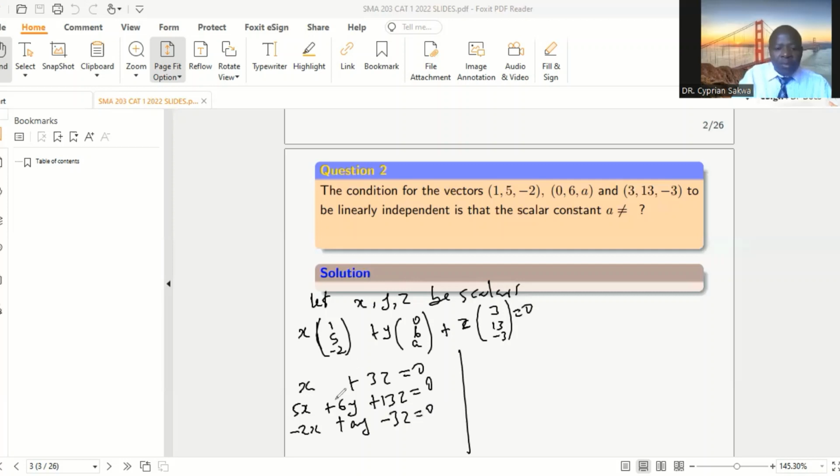We reduce this to equal form just the same way we did for the first question. So the first equation remains what it is.